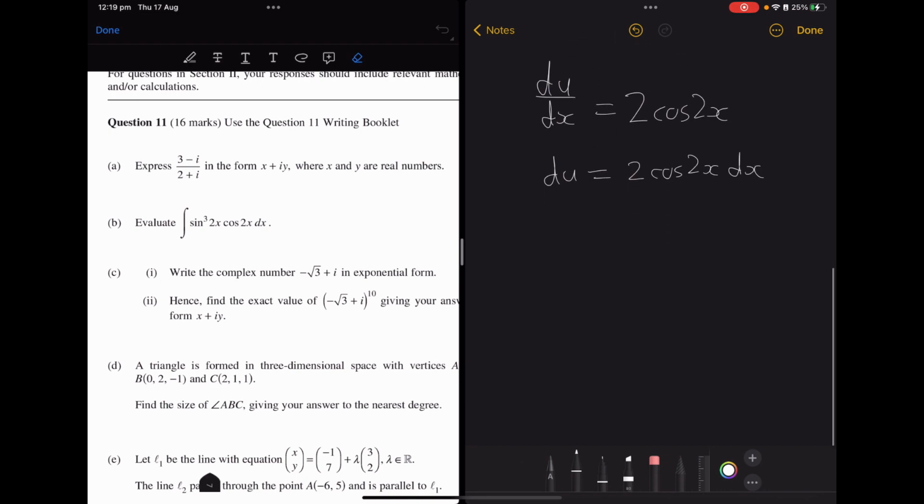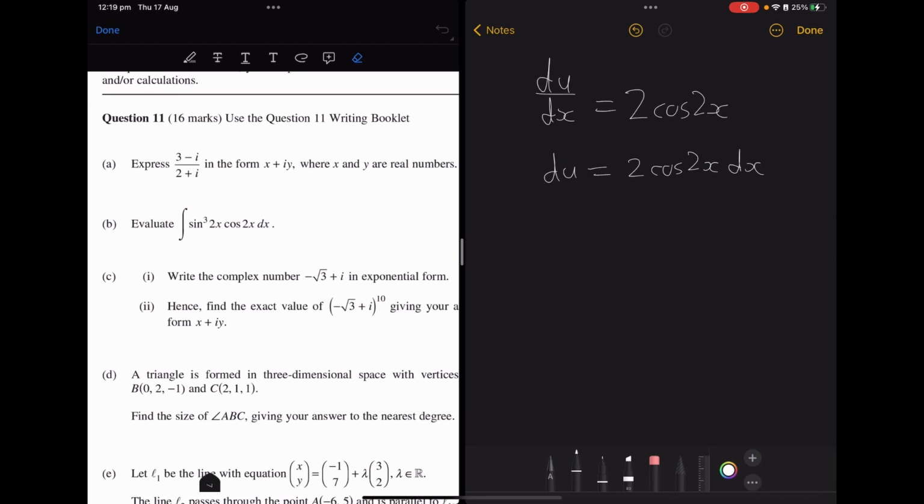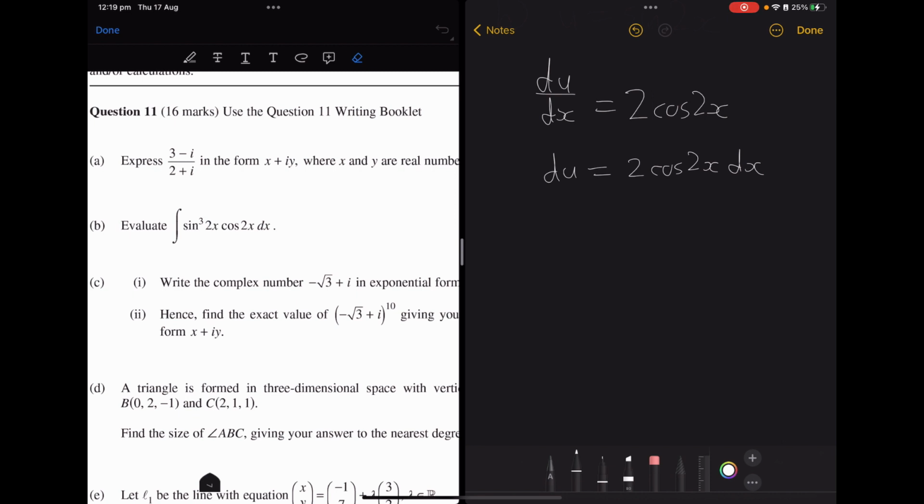So looking at the integral of sine cubed 2x cos 2x, that can be replaced with u cubed, and we meant to replace cos 2x dx, but we have an extra 2 up here, so we just put a half in front for du.